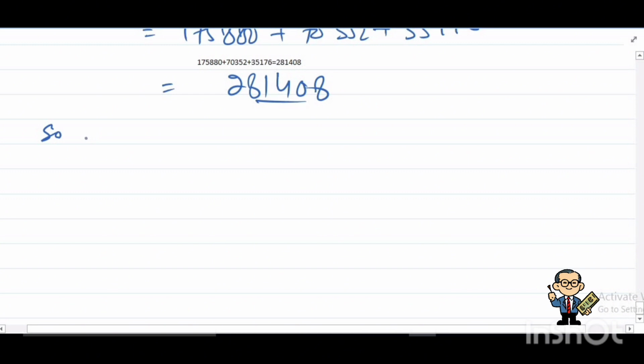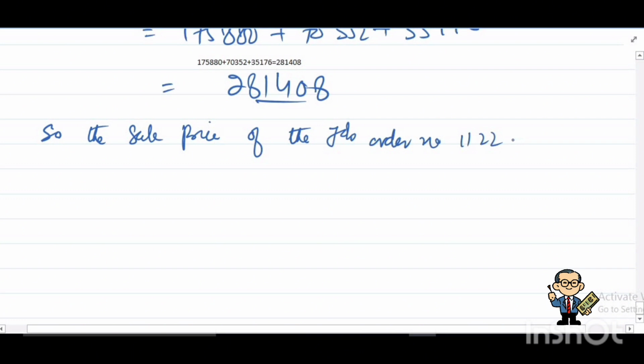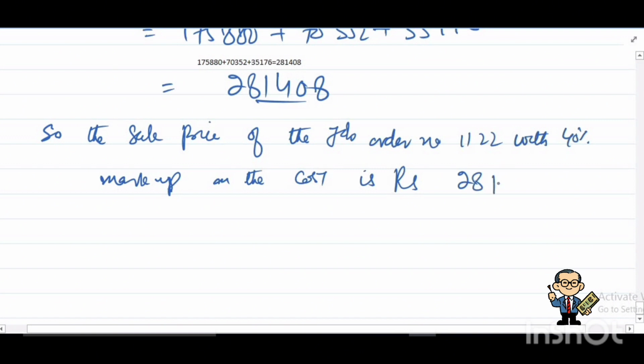So: the sale price of the job order number 1122 with 40% markup on the cost is Rs 281,408.